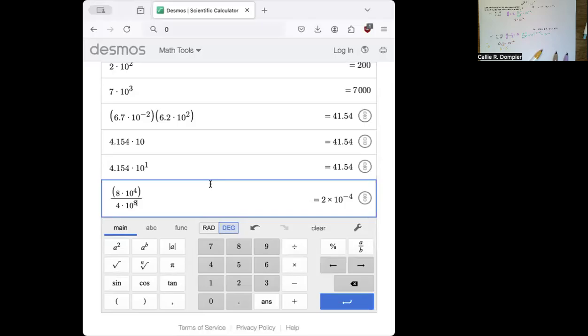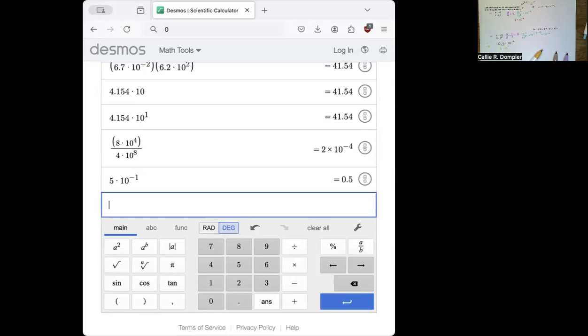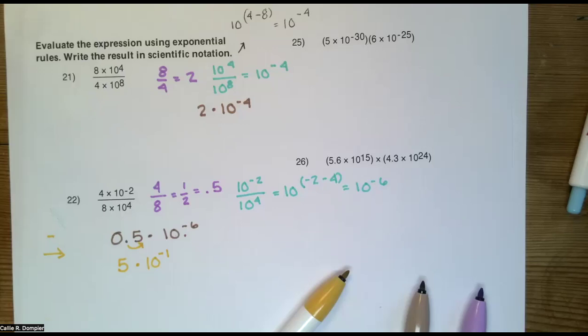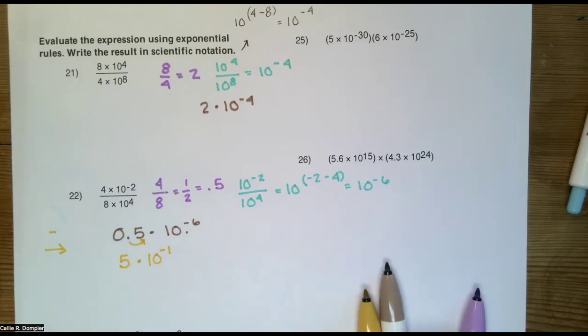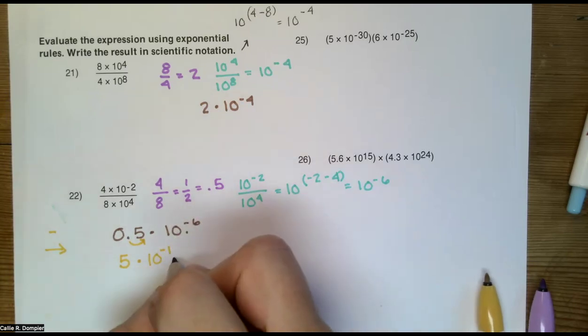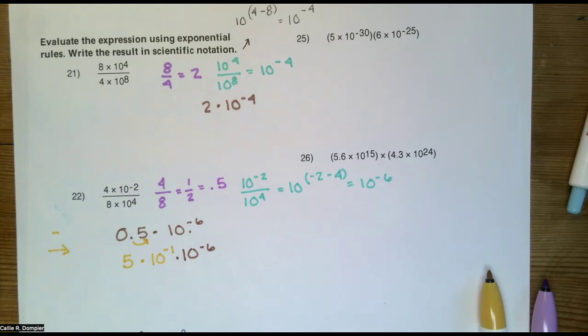Let's confirm. 5 times 10 to the negative 1 is 0.5, right? We moved it to the right, so that's a negative decimal place. And then we have that times 10 to the negative 6. How do we combine these now?